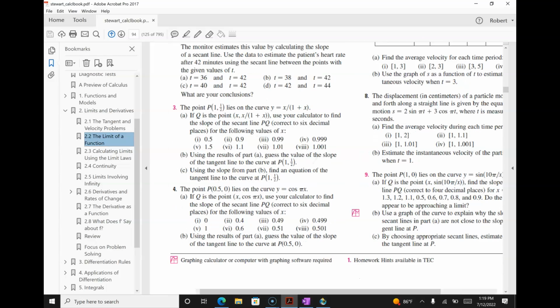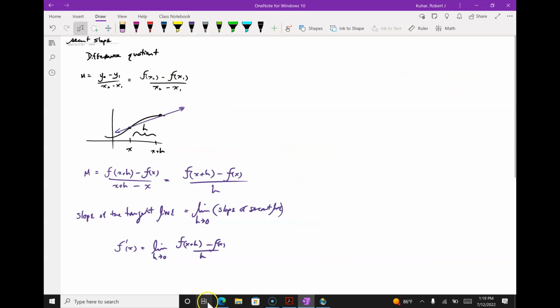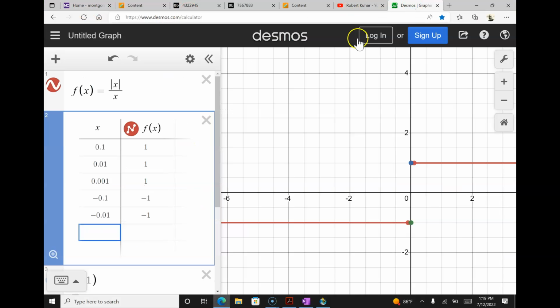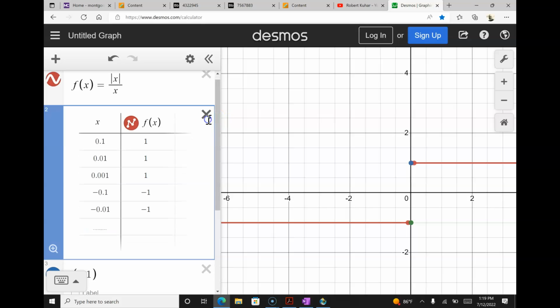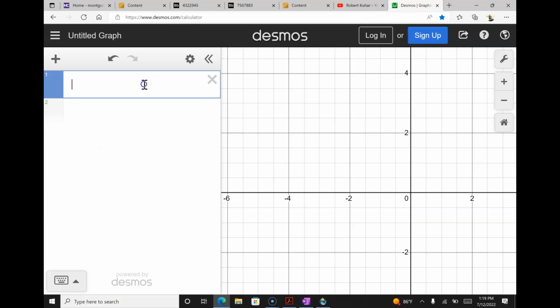Hard to see it, sorry about that. I've got the point 1, 1/2 on the curve y equals x over 1 plus x. I don't know what this looks like. Whenever I'm in that situation, I go to Desmos. Thank you, Dr. Early. f of x equals x over 1 plus x.